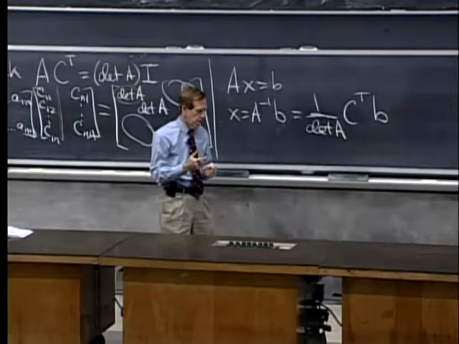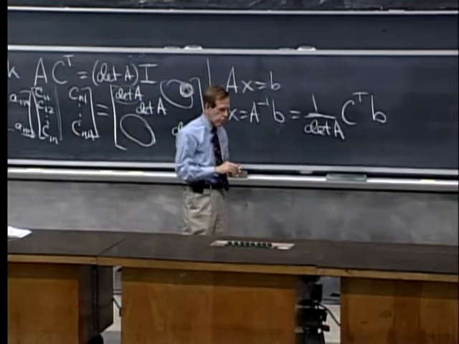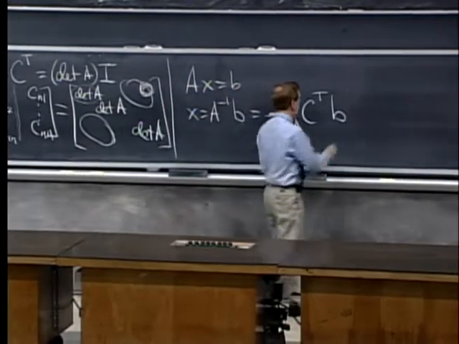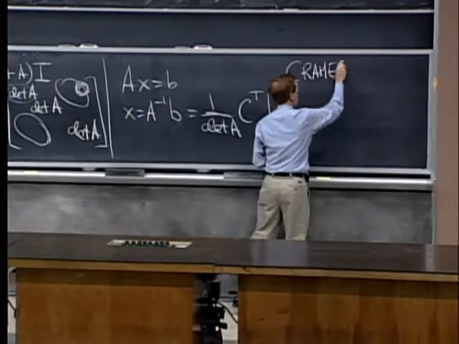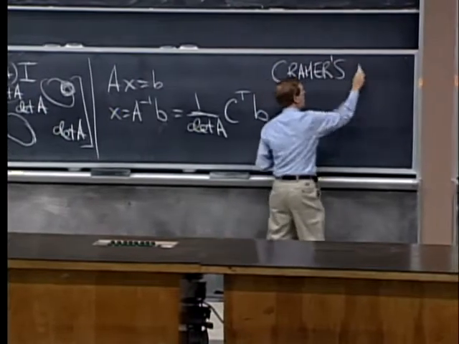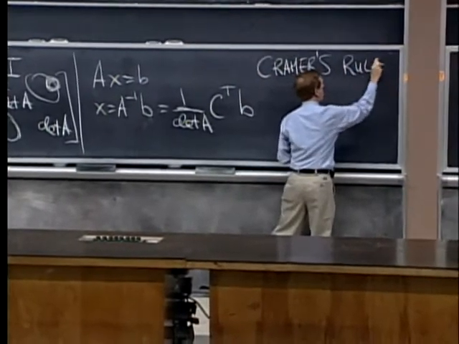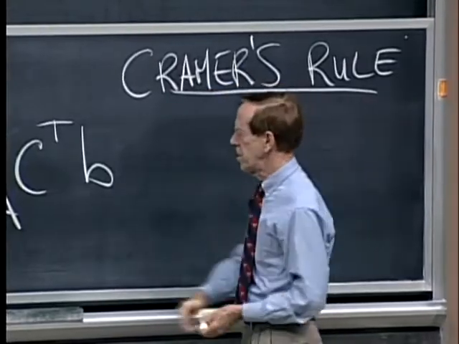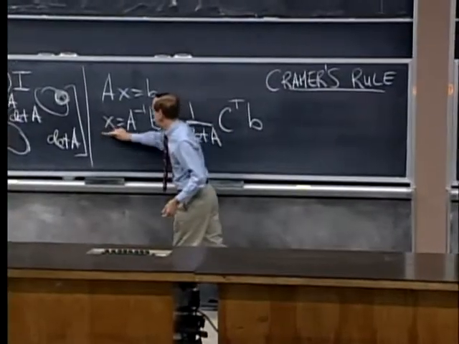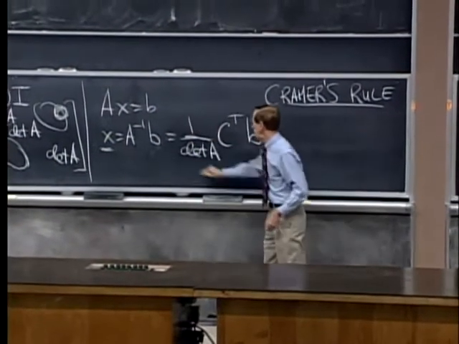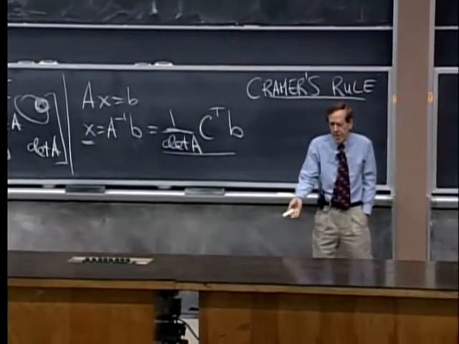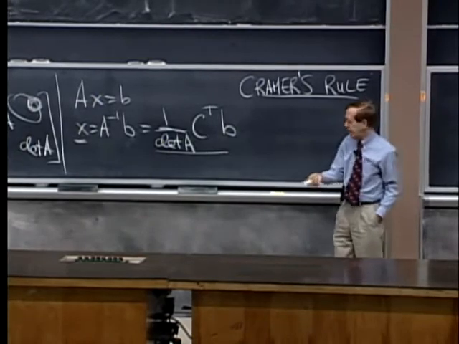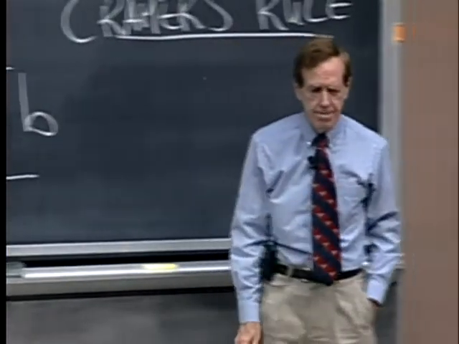And this Cramer's rule is exactly a way of looking at this formula. So this is a formula for x. Well, of course, the first thing I see from the formula is that the answer x always has the determinant in it.